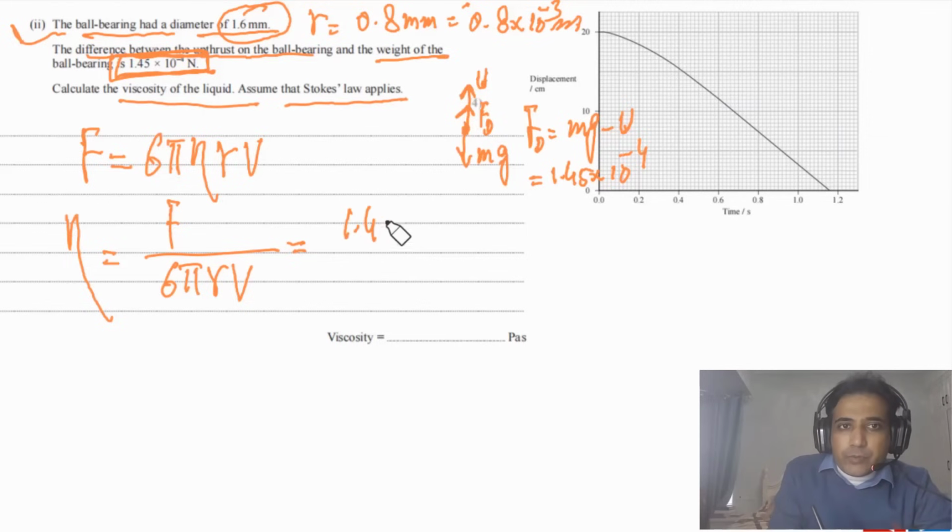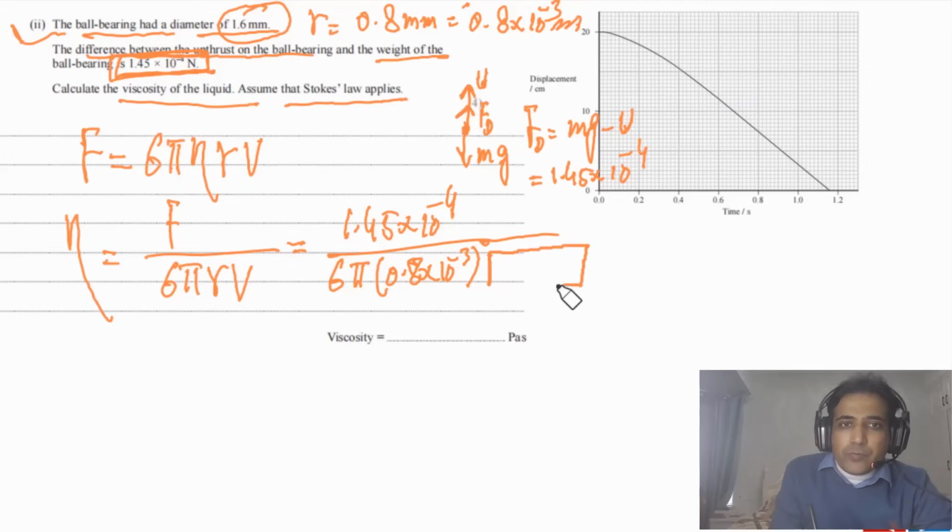So we have the value of drag force, so we can update here. We have 1.45 times 10 to the minus 4, divided by 6 pi, and the value of radius, that is 0.8 times 10 to the minus 3 meters. We need the value of V. If we have V, we can find the viscosity.